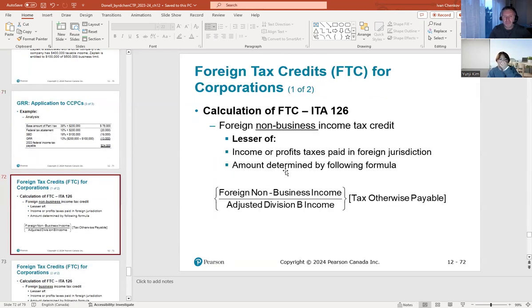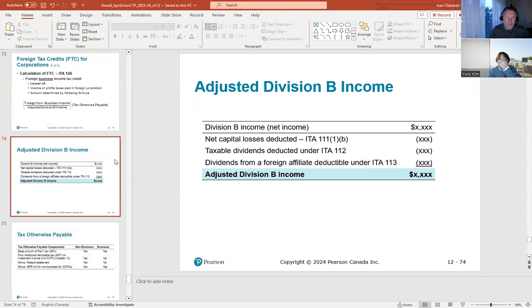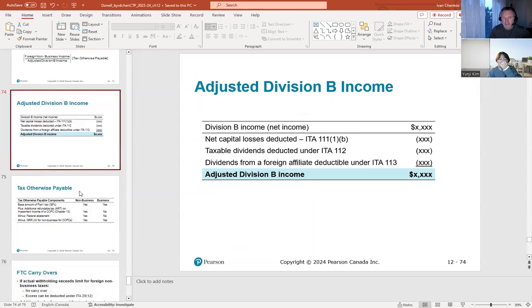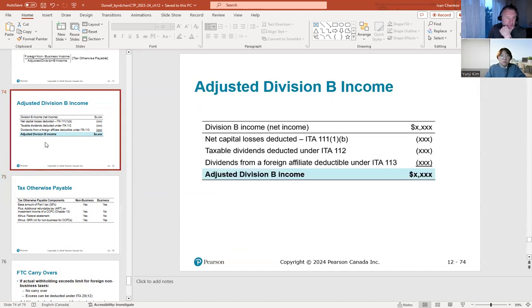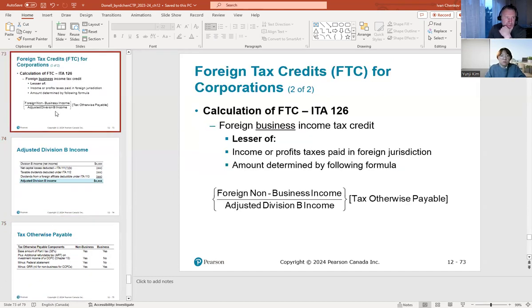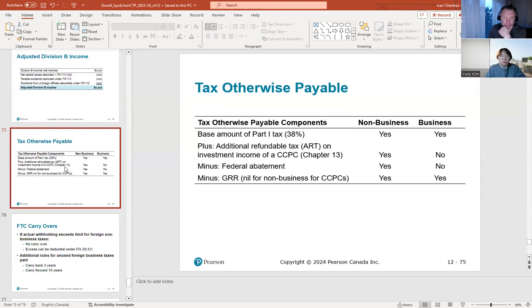This is for the foreign business. I don't think the foreign business is going to come, so let's leave it. This is a very interesting thing which I want you to understand as well. The base rate applies for both business and non-business. Federal abatement, Division B, which is the foreign business and non-foreign business. Is that how it is?